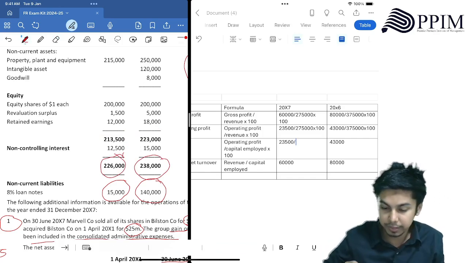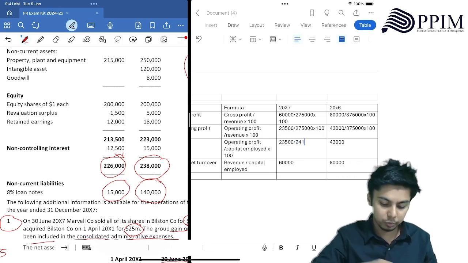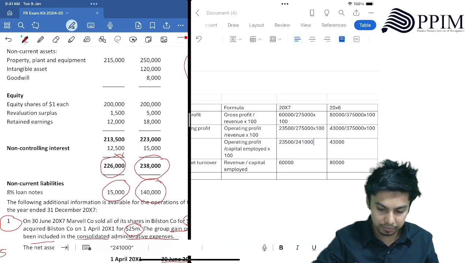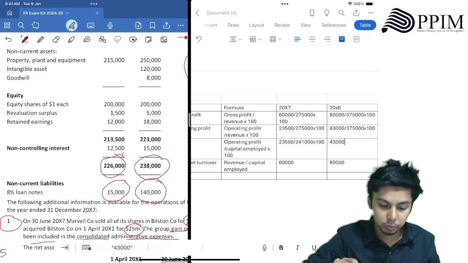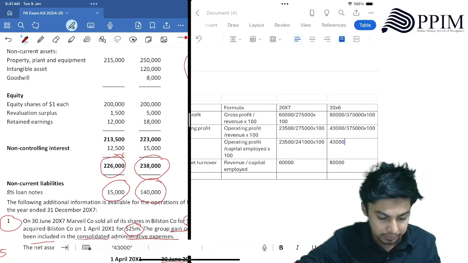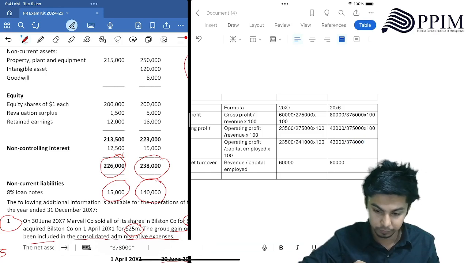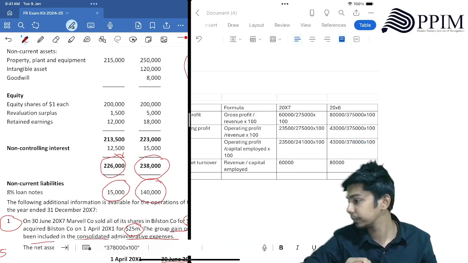Okay, now guys, start marking that one over there. So 226,000 plus 15,000, 241,000, I believe the answer. Here, 238,000 plus 140,000 will give me 378,000. Okay, 378,000 into 100.